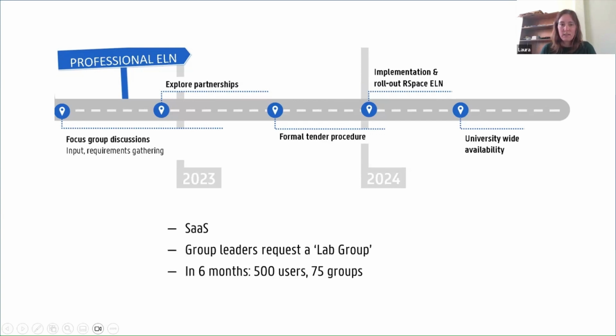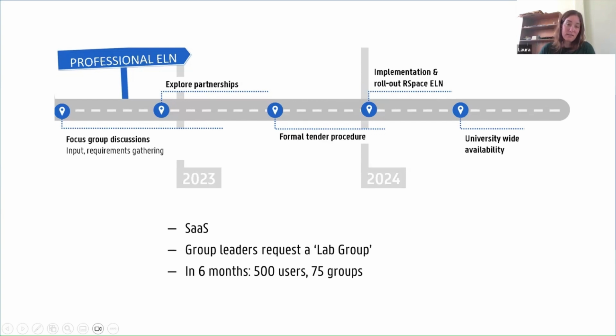On the next slide, you will see that we chose to implement this as software as a service. So it's hosted by the software provider. So the burden on our IT team is quite limited. We implemented a control step in the sense that not everyone was free to create lab groups, they're called, so the research teams. They need to request one of those.